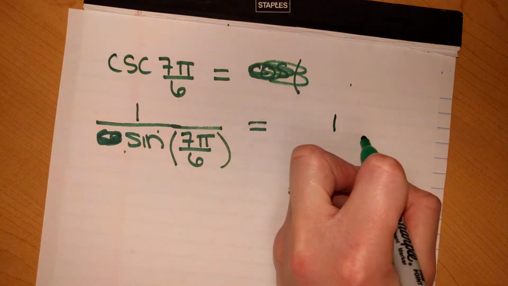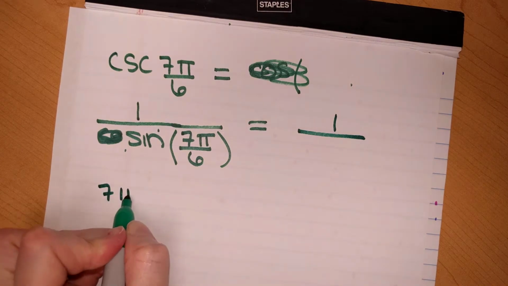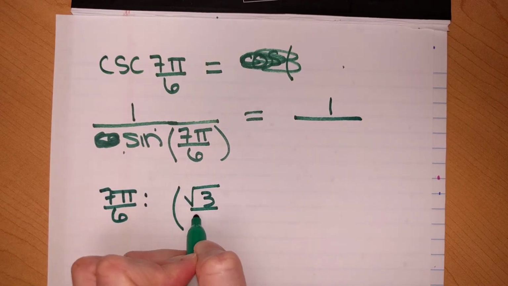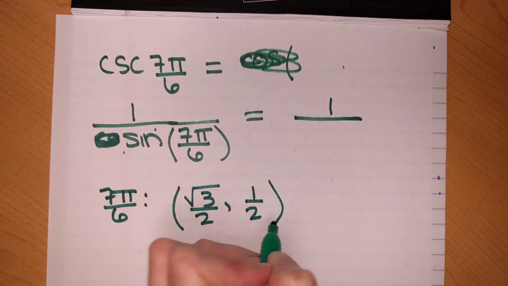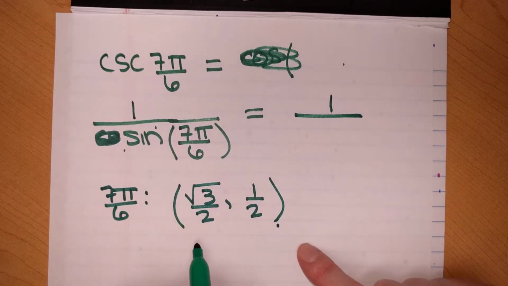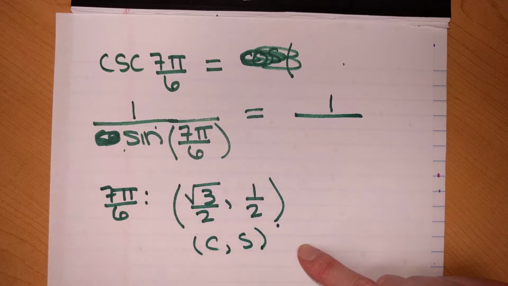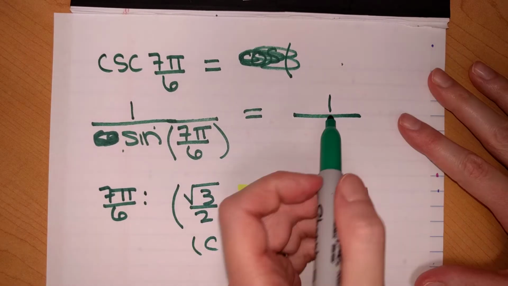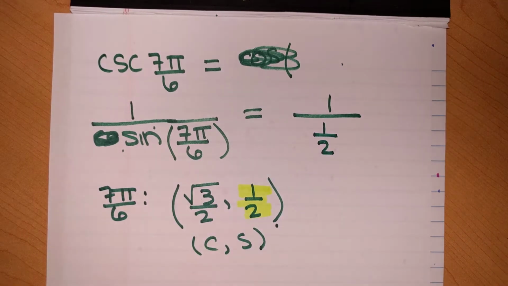So let's go ahead and write out, 7 pi over 6 has the coordinate of square root of 3 over 2 comma 1/2. Now, because it is a sine value, remember it's cosine comma sine, we're looking at 1/2. Now, you then have to figure out if it's positive or negative because it's not in quadrant 1.